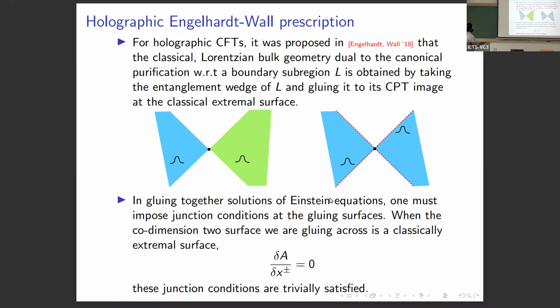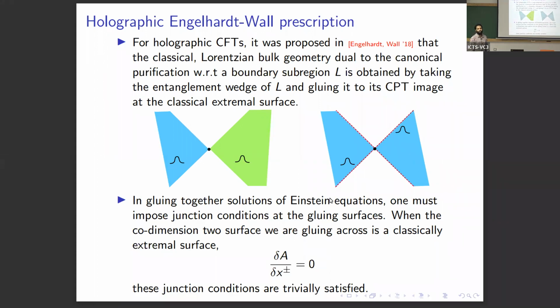And instead of putting the entanglement wedge of the right on this side, you put a CPT reflected copy of the entanglement wedge of the left on this side. So you take the entanglement wedge of the left, you glue it to its CPT reflected image at the quantum extremal surface. The quantum extremal surface here is the codimension 2 surface which extremizes the generalized entropy.